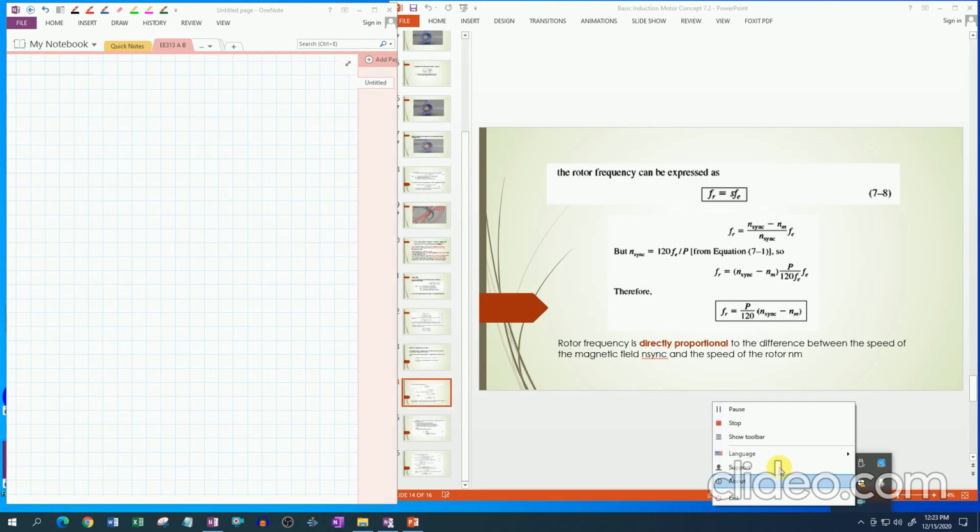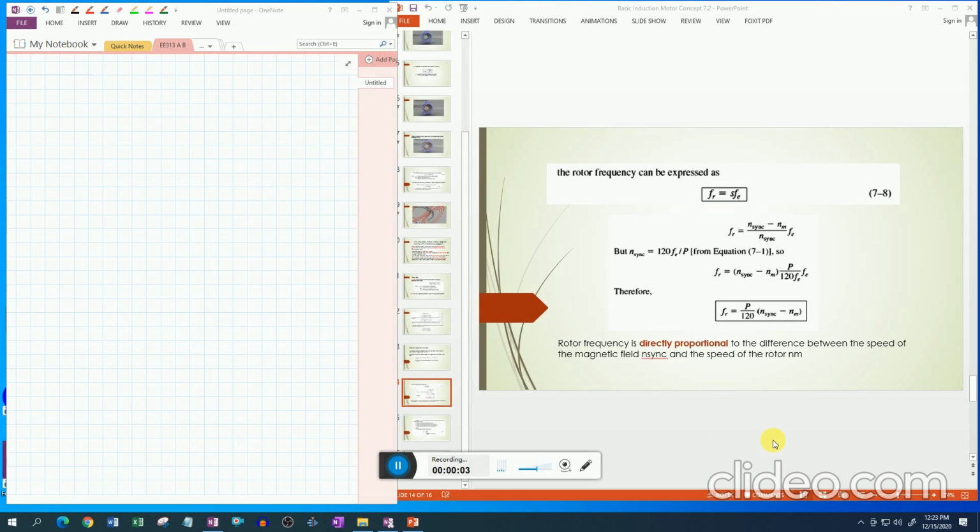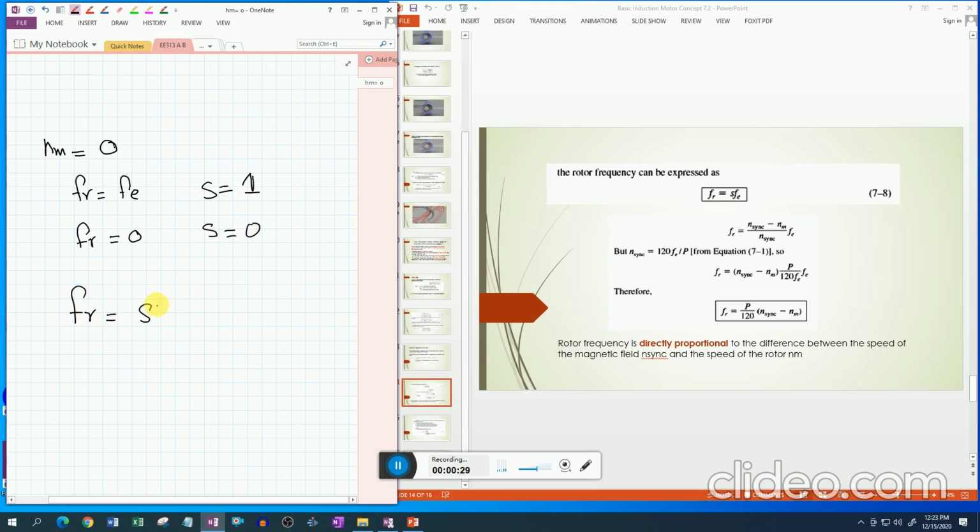When nm is equal to 0, fr is equal to fe, at this stage s is equal to 1, and when fr is equal to 0, s is equal to 0. So from here it can be derived that fr is directly proportional to s, with fe as the constant.